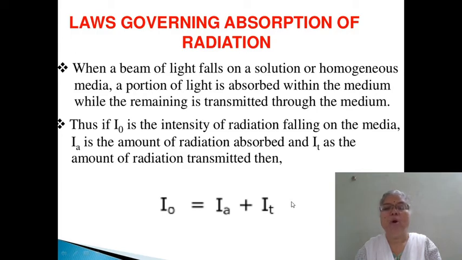For a glass-liquid interface, the intensity of reflected radiation is very small, so it is not written here. Therefore we have the equation: I0, the intensity of incident radiation, is the sum of the intensity of absorbed radiation plus the intensity of transmitted radiation.